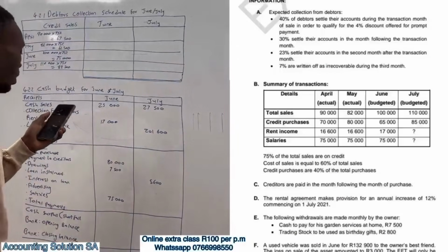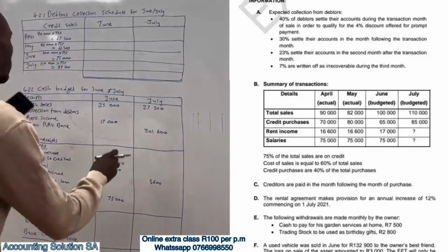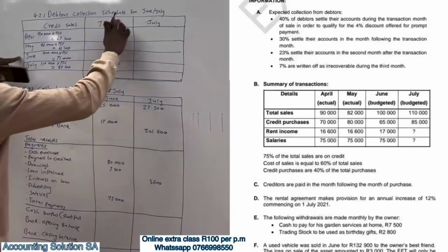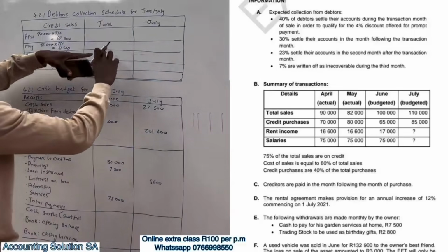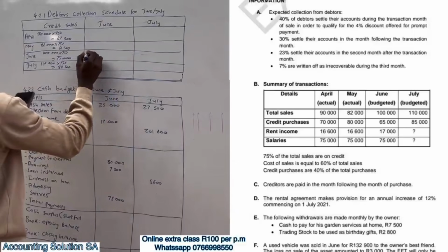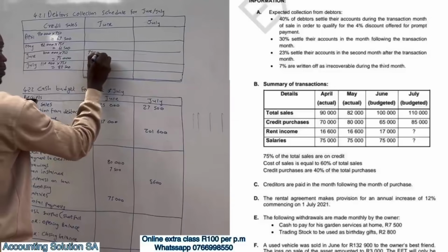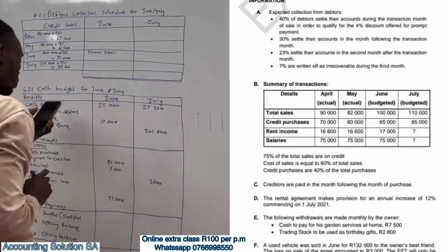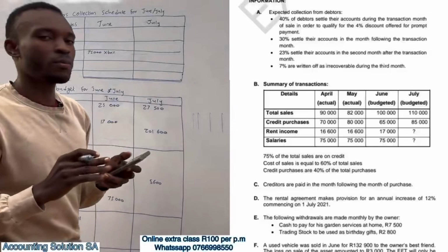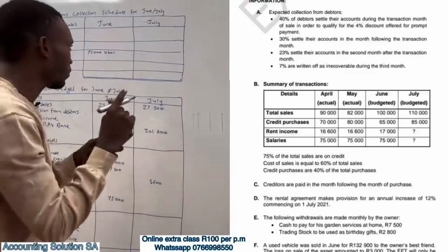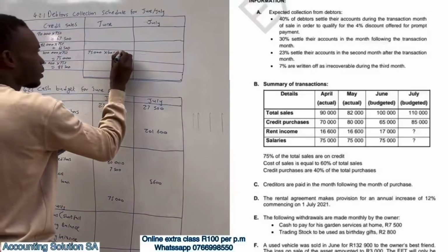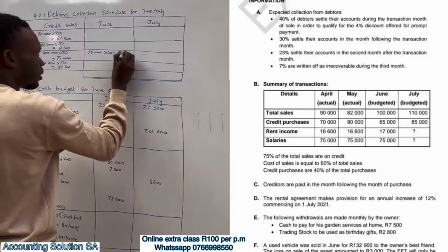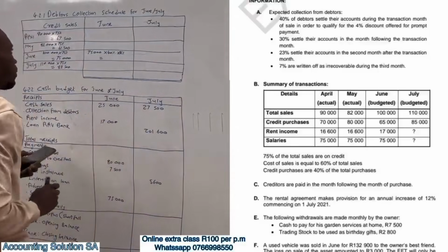Okay, now let's start with the same month, which is very simple, June and June. Let's check where June and June meet. They meet here, which means that we are going to say 75% of credit sales, 25,000, multiplied by 40%. Because there's a 4% discount, you're going to say 100 minus 4, and you get multiplied by 96%, which is going to give you the amount here.